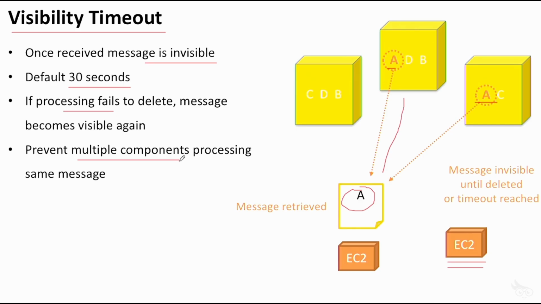But again, we need to keep in mind the at-least-once delivery. Let's say this machine deletes the message, and then 10 milliseconds later, another EC2 instance polls messages. It's still possible that this EC2 instance will get a copy of that same message.